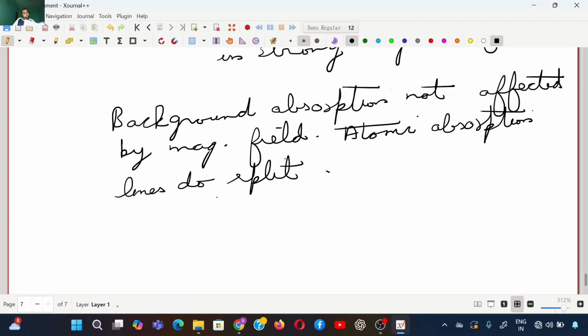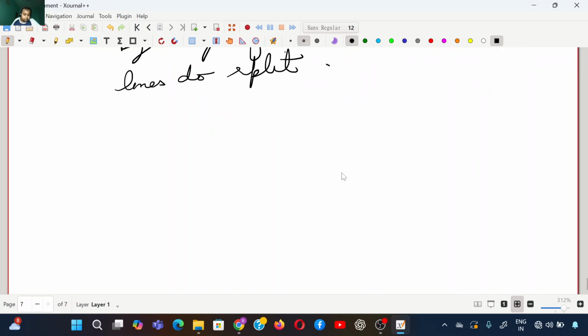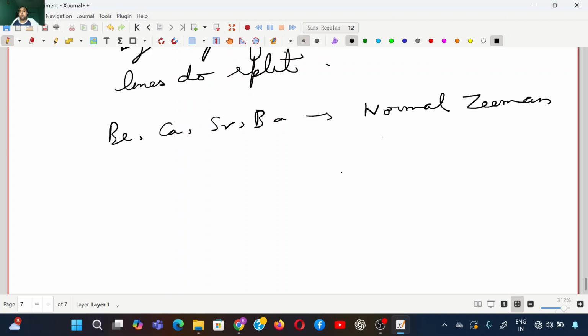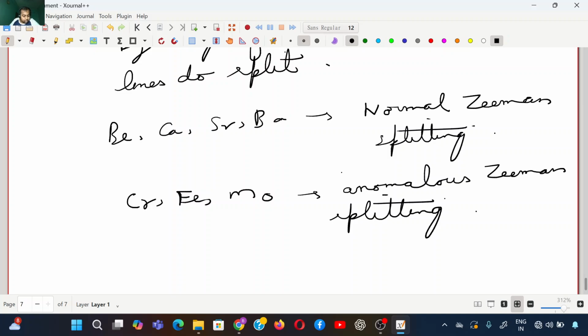So I'll just let you know that beryllium, calcium, strontium, barium have normal Zeeman splitting, whereas chromium, iron, molybdenum show anomalous Zeeman splitting.